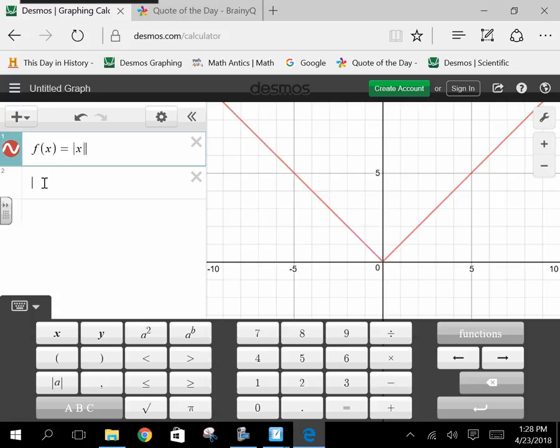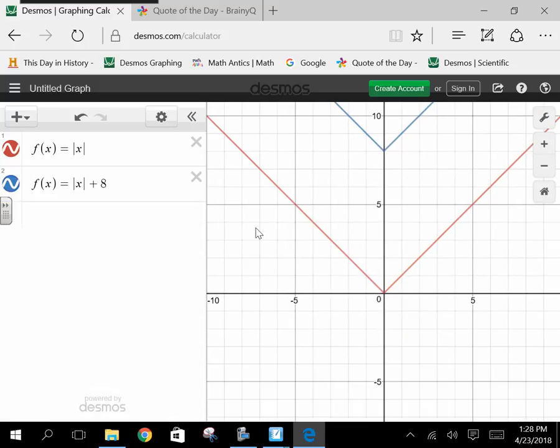Paste, but I'm going to put plus 8 now. Watch this. Plus 8. And there it is. There it is. The vertex moved 8 units upward vertically.